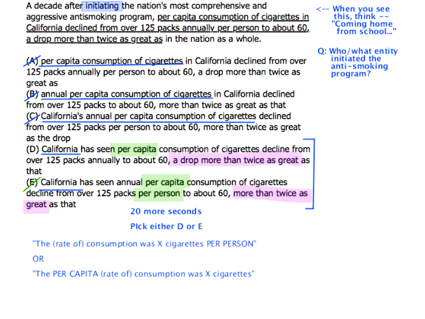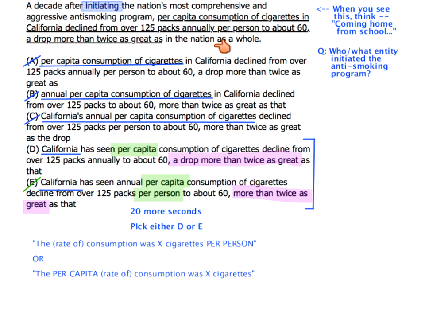The first issue is that we're talking about the delta. It should be clear from context, because we're talking about initiating an aggressive anti-smoking program. So this is not going to mean twice as much as people smoke on average in the country, because then the sentence would be nonsense.